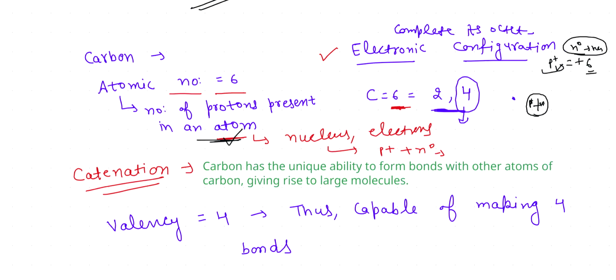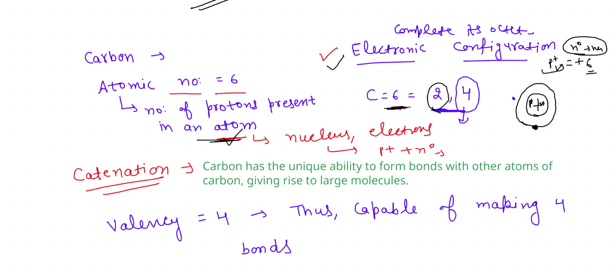So if carbon has atomic number 6, we need to write its electronic configuration. Its electronic configuration is 2 and 4. Electronic configuration represents the number of electrons present in the different shells. There are orbits around the nucleus which contain electrons revolving around it. In the first shell, there are 2 electrons, so I will represent 2 dots here.